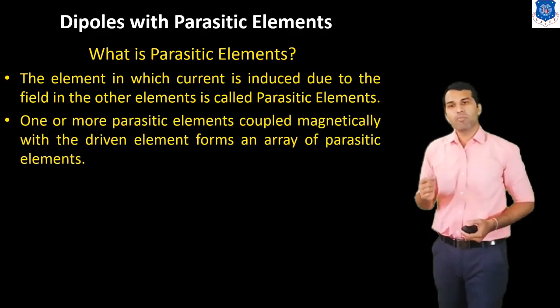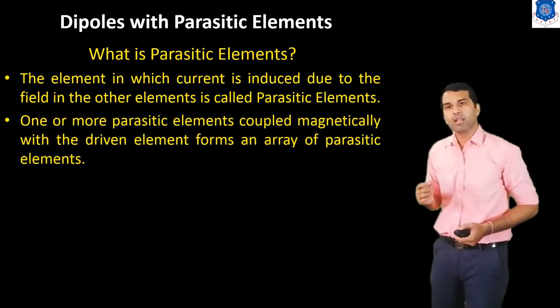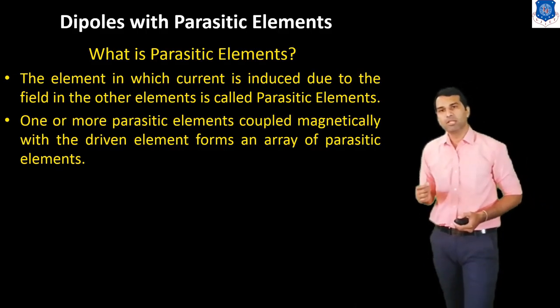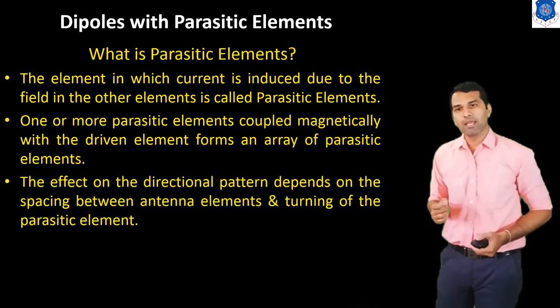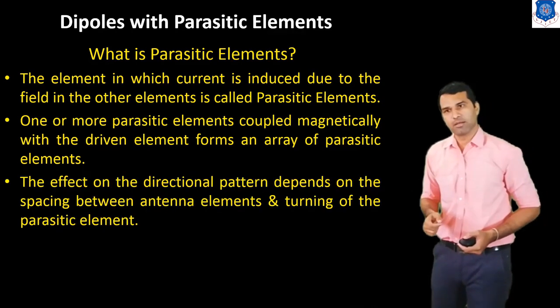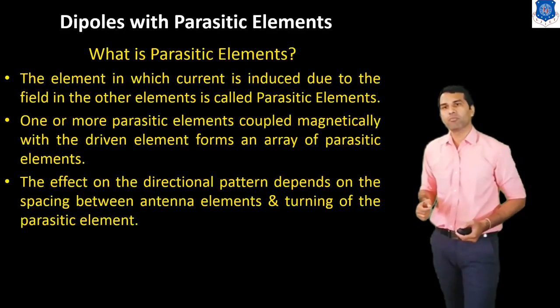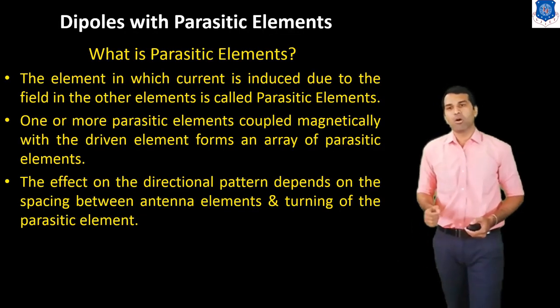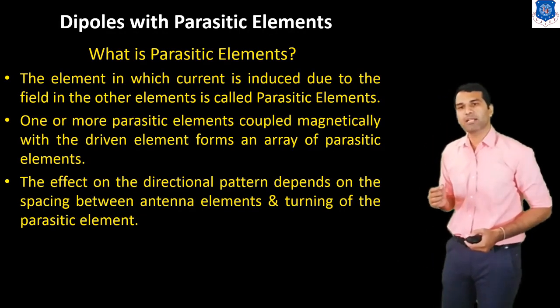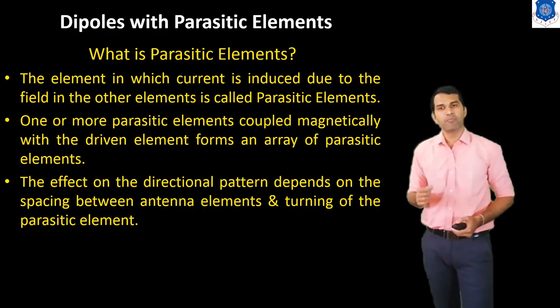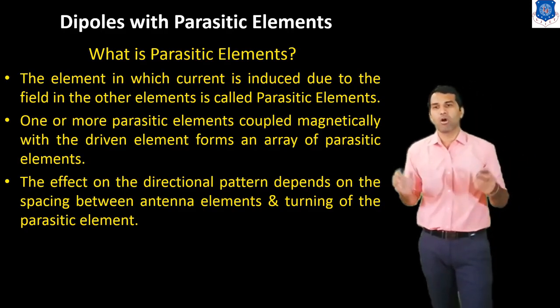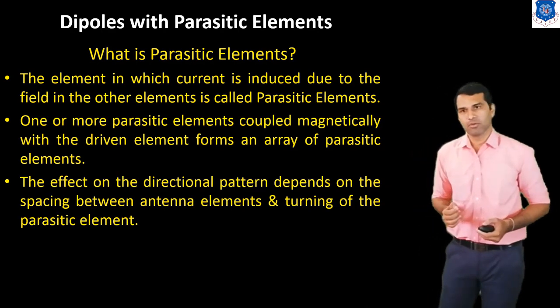One or more parasitic elements couple magnetically with the driven element to form an array. The effect on the directional pattern depends on the spacing between the antenna elements and the tuning of the parasitic element.